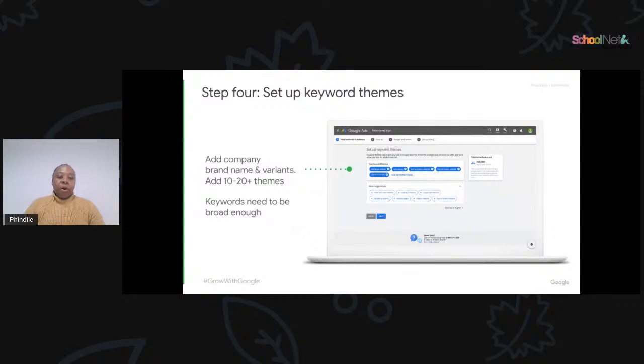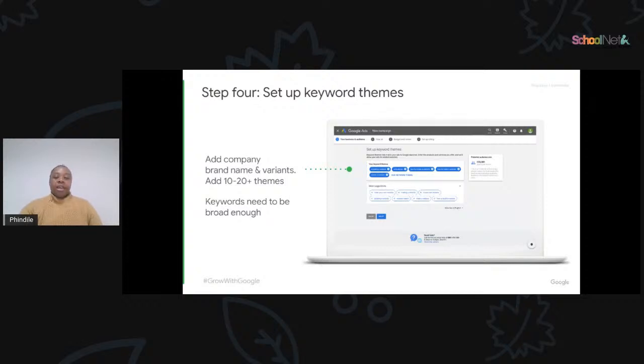Then step number 4, this is the most critical one. You set up keyword themes. Think of this as the potential searches that will trigger your ad. Our recommendation is to have at least about 10 to 20 to start, and to also use the suggestions that are highlighted at the bottom.